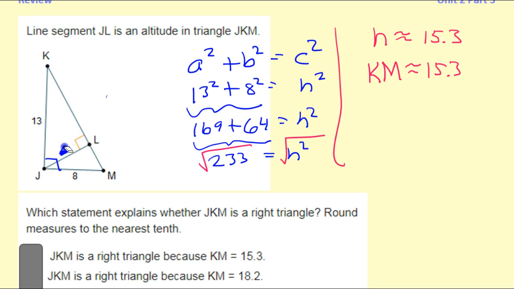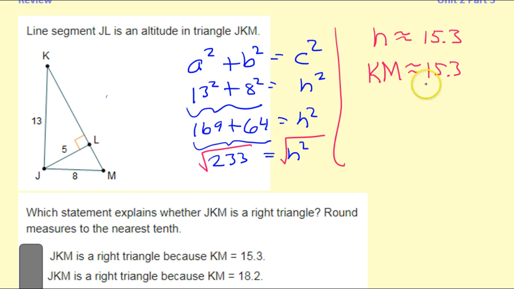Alright, so I take it back. At the beginning I said we wouldn't need the 5. We will need the 5, because KM is approximately 15.3 only if the big triangle is a right triangle. But we don't know if it is or if it isn't. So we need to figure out the length of KM in a different way.